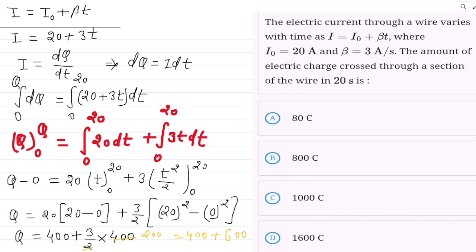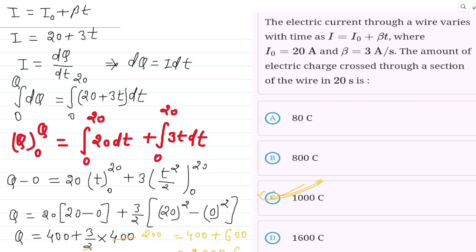The final answer we get is 1000 coulomb. So this will be the answer. 1000 coulomb is the charge flowing through the wire. So option number C is correct.